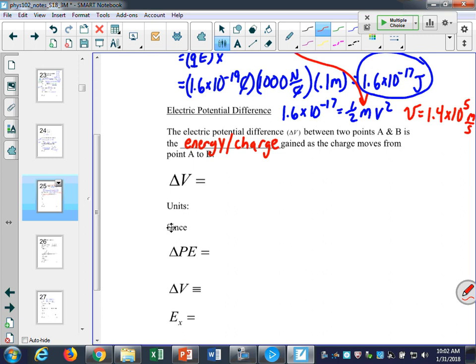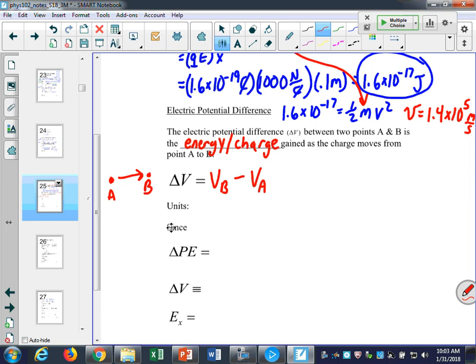So say a charge moves from point A to point B. It changes its potential. It has a certain potential at point B, and a certain potential at point A. At each point it has a certain energy per charge, and the potential difference is just the difference between those two values.